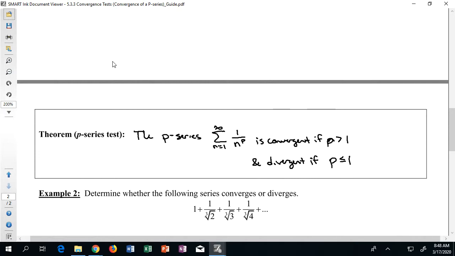Okay. So we have a complete classification for this type of series. We know exactly what it does. It is all based on the p. We'll take a look at the examples in the next video.